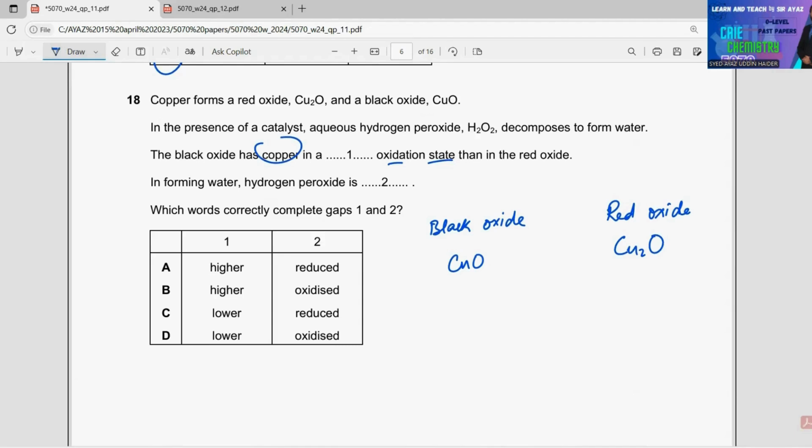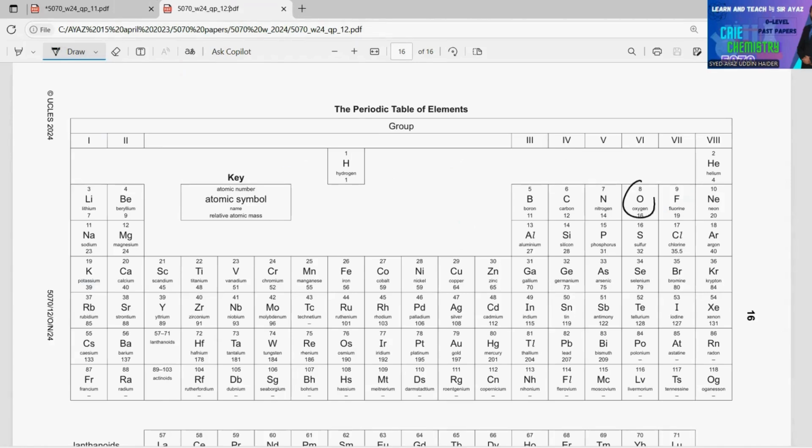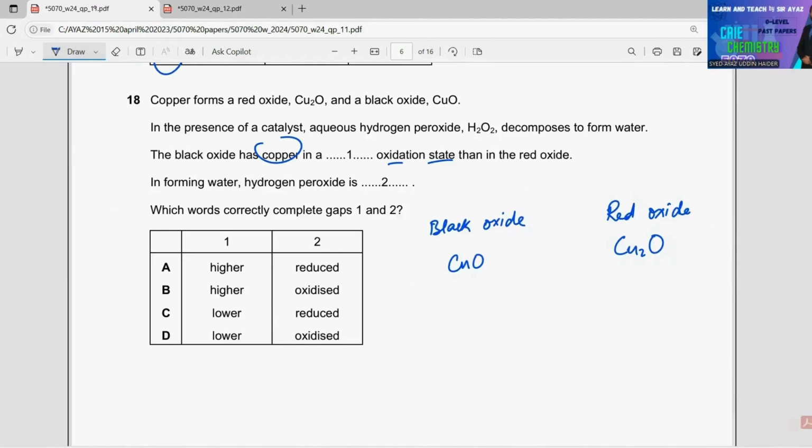What will be the oxidation state of copper in black oxide? If you look at the position of oxygen, it belongs to group 6, which means it must have -2 as its oxidation state. So if -2 is the oxidation state of oxygen, +2 is the oxidation state of copper. What about the oxidation state of copper in Cu2O? We have 2 atoms of copper, so I'm going to consider each copper as X. I will write 2X plus the oxidation state of oxygen, -2.